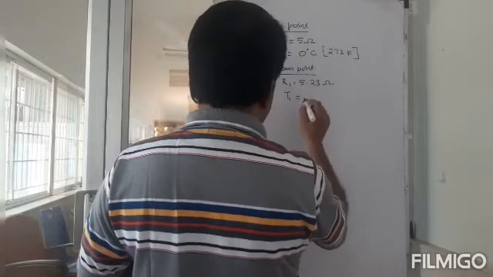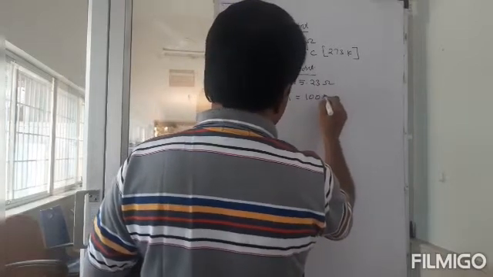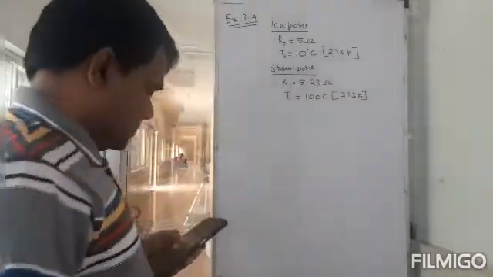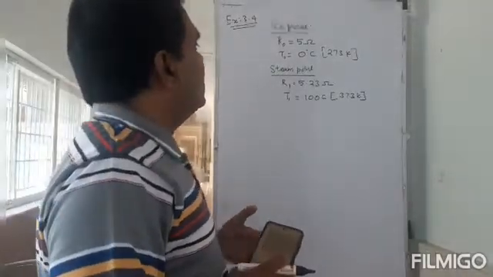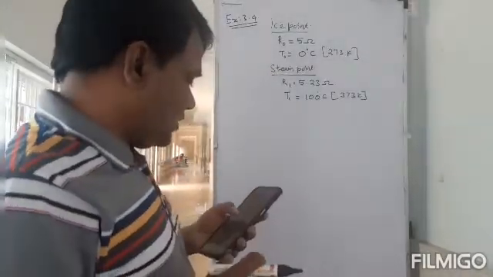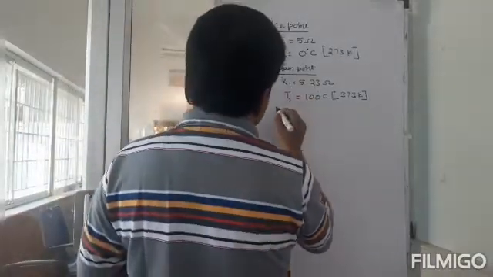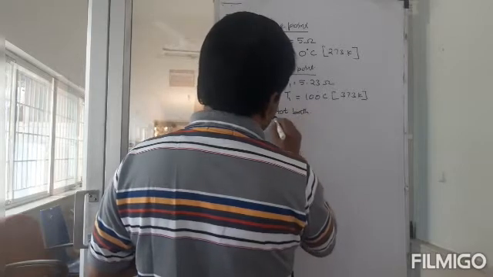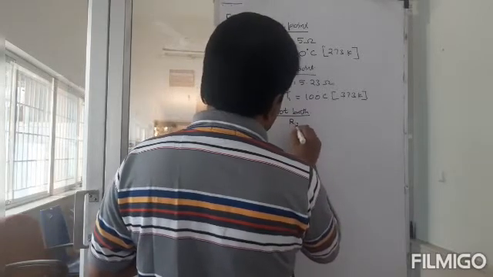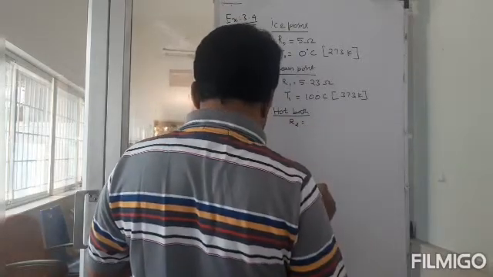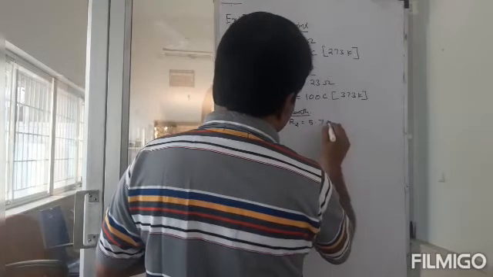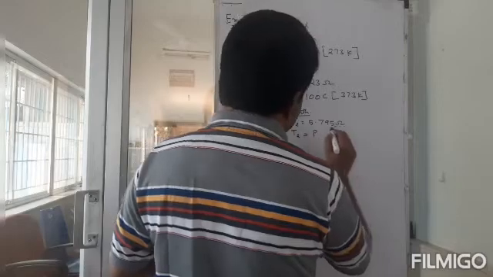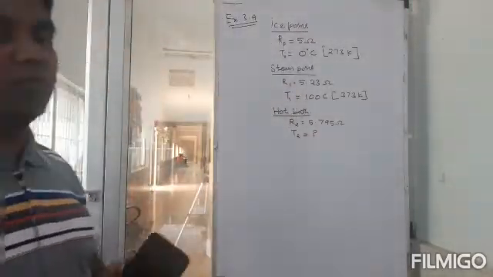It's going to be the steam point, 100 degrees Celsius or 373 Kelvin roughly. And there is a third piece of information, that is a hot bath. The resistance is given, I call this R2, and it is 5.795 ohms. Temperature T2 we don't know, we are supposed to find it out.